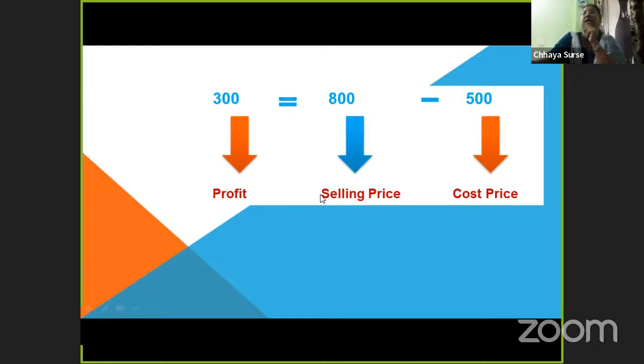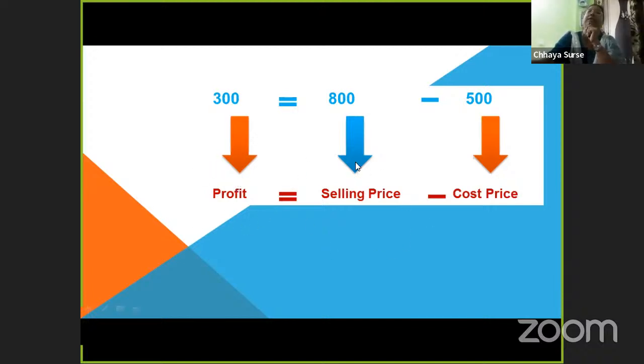If the selling price is greater than the cost price, then selling price minus cost price gives us the profit. Here the selling price is 800 and the cost price is 500, so 800 minus 500 equals 300. In this way, we find the profit.